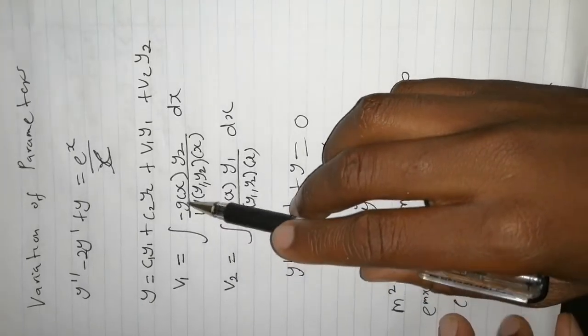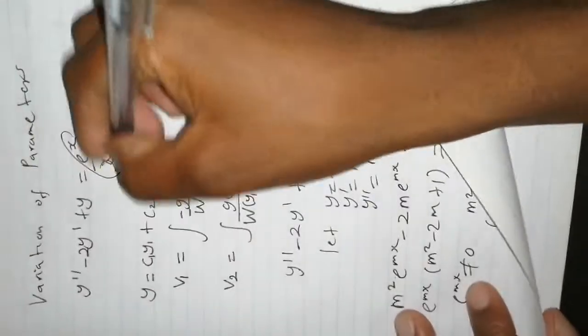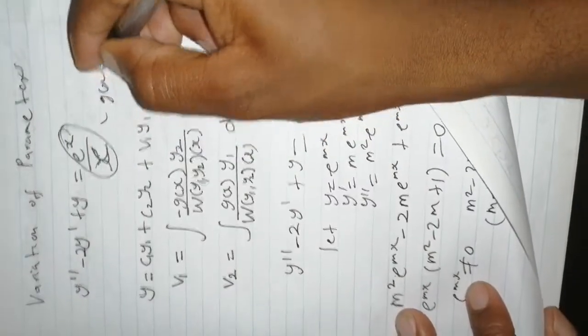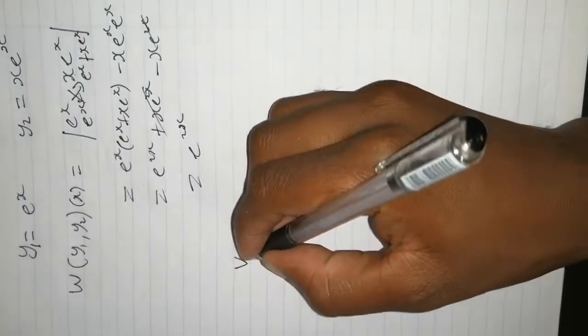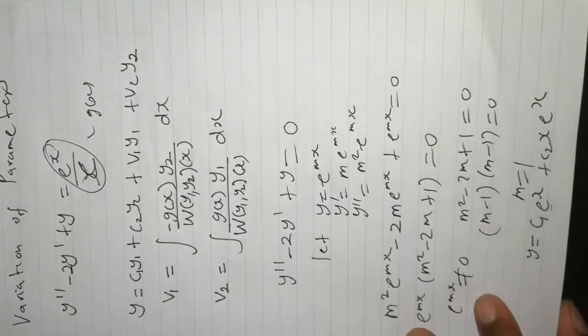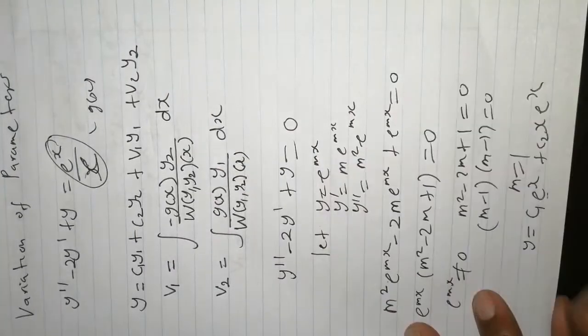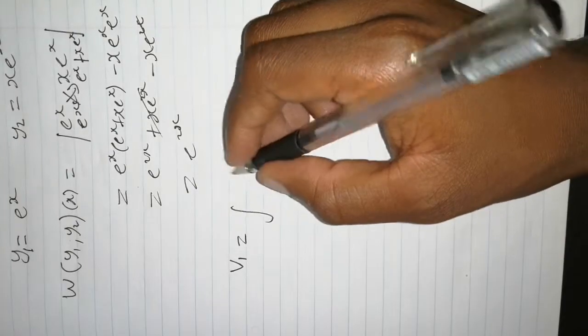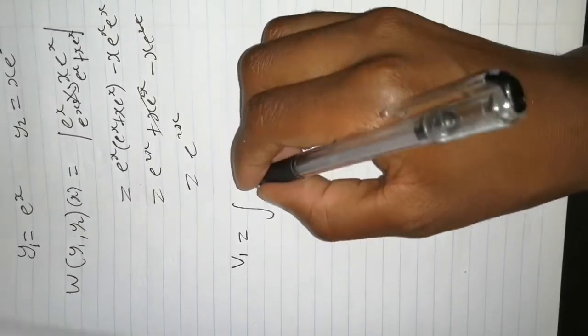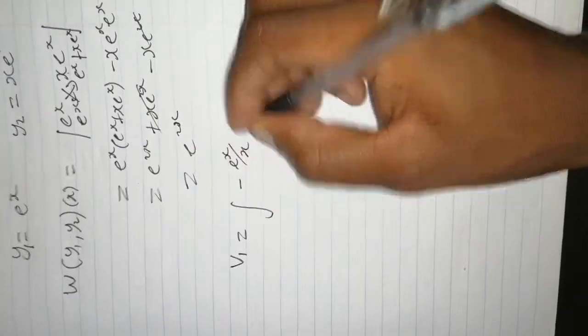So now someone can ask me, what is this g of x? To find g of x is simply this function. So that's your g of x. So v1 equals, and another tip, v1 goes with y2 and v2 goes with y1. Do not confuse the two. So this is negative. Where there's g, you put negative e to the power x divided by x.